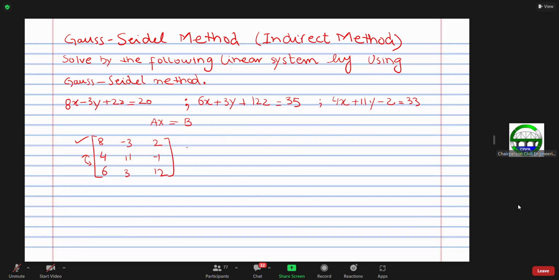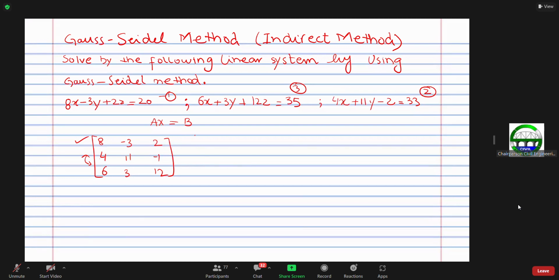Now all the three conditions are satisfied. Now I say this is my equation number 1, this is my equation number 2, this is my equation number 3. So now I interchange and put the values. Now my three conditions are satisfied.